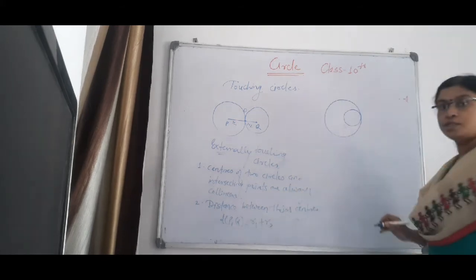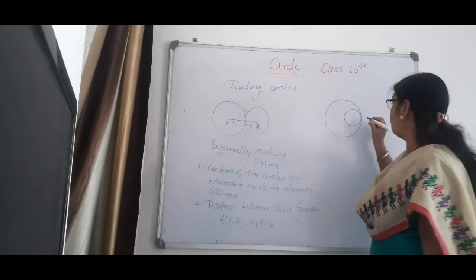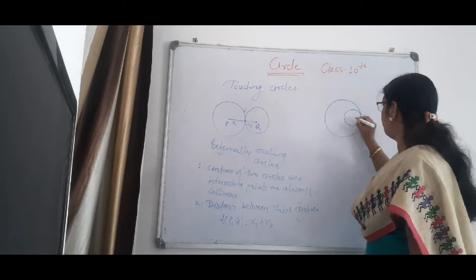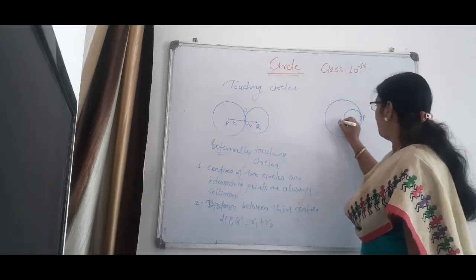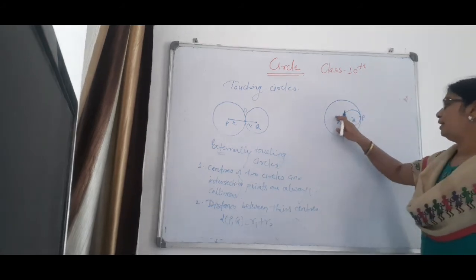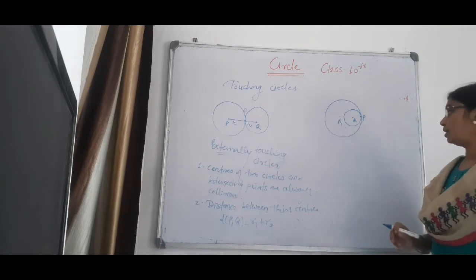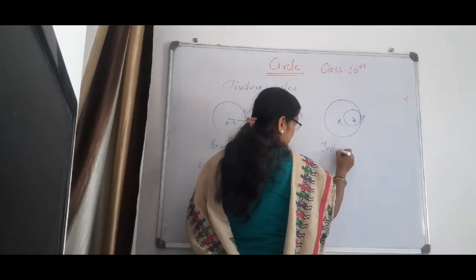What are touching circles? If the circles intersect at only one point. Now see here, P, Q and R. Radius of first circle is PQ, radius of second circle is PR. Now these are which type of circles? Internally touching circles.